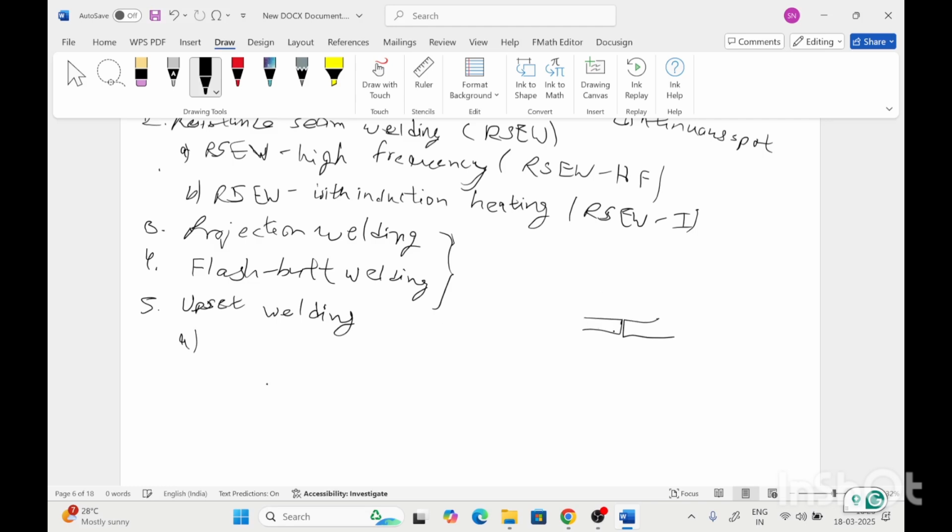These are two plates. This type of welding joint forms in upset welding, and that's why it is called upset welding.